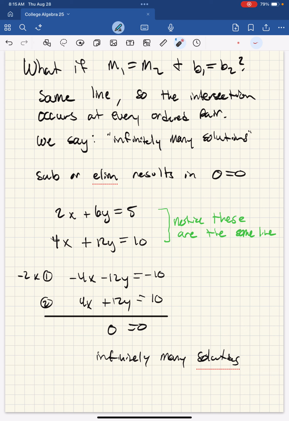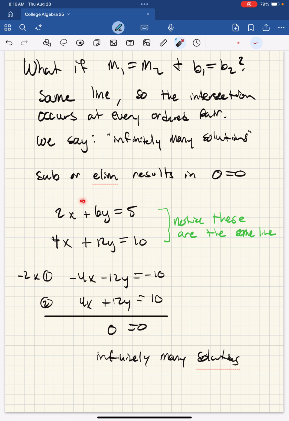But what I want us to notice is that we end up with the same line, and if that's the case, the intersection occurs at every ordered pair, and the verbiage to answer that problem would be infinitely many solutions. I didn't draw a graph of this one because it would just be a graph of a single line, but substitution or elimination results in 0 equals 0.